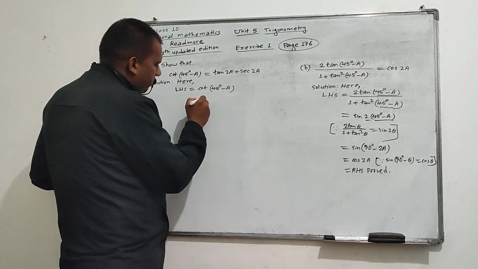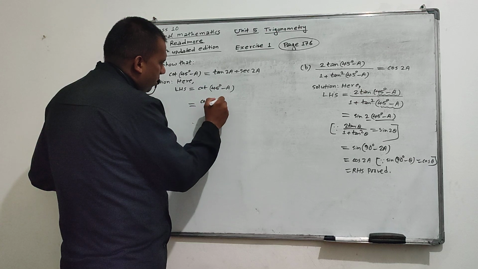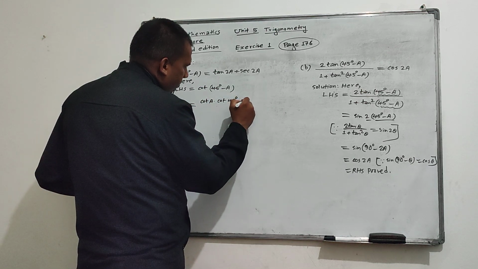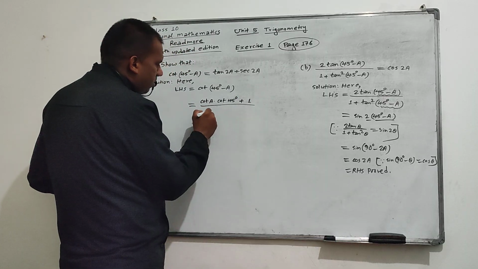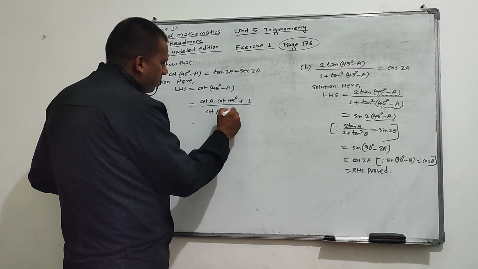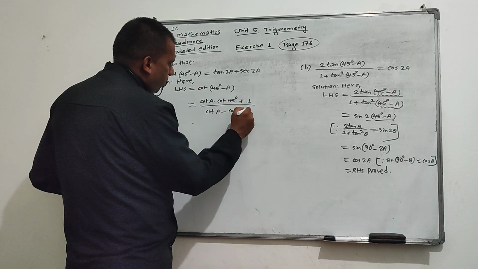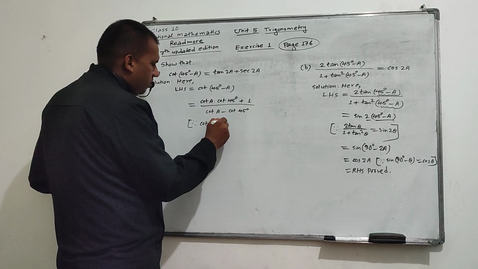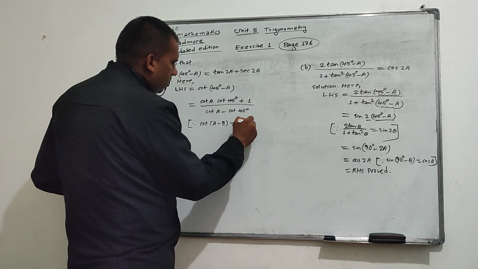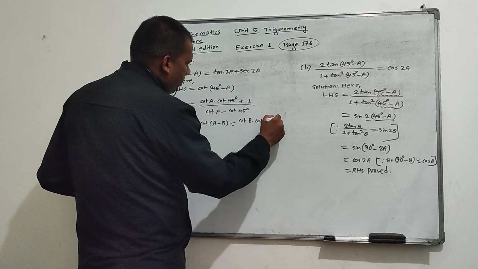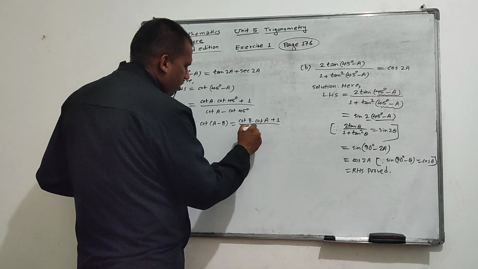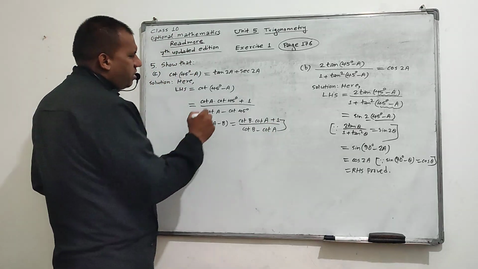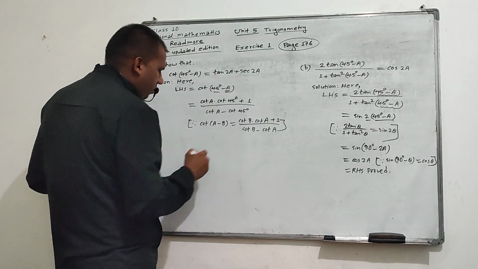So using the formula, cot (A minus B) equals (cot B cot A plus 1) whole upon (cot B minus cot A). Here A means 45 and B means A.